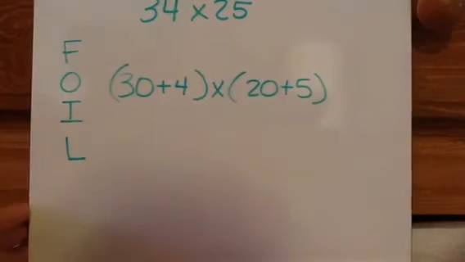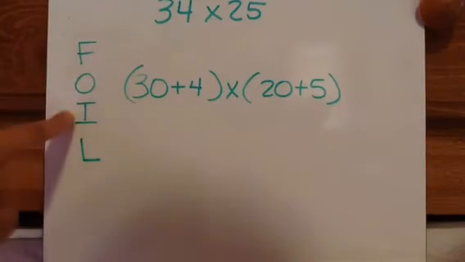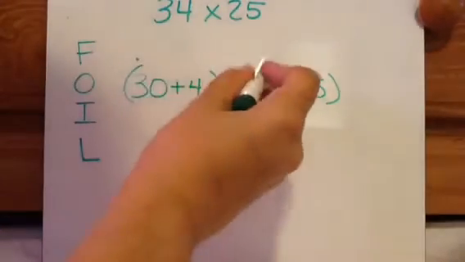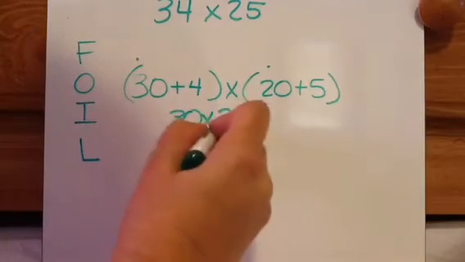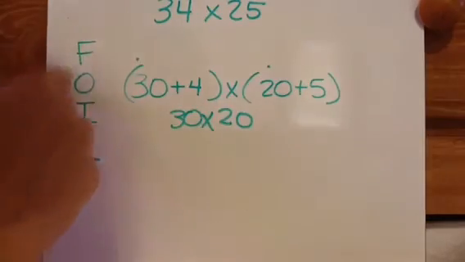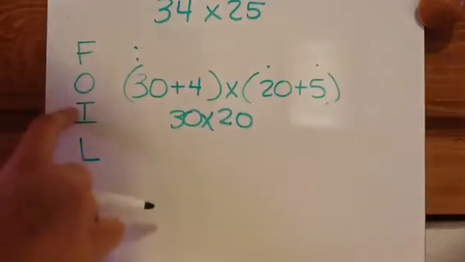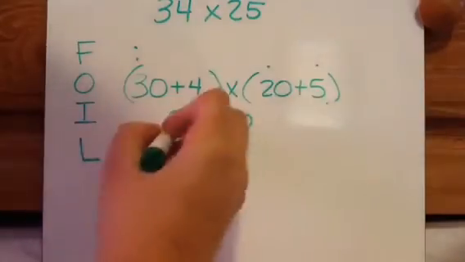So now using the FOIL method, first, outside, inside, last. You're going to multiply them with each other. So first is these numbers. Outside is this one and this one. Inside, oh wait, let me write 30 times 5.